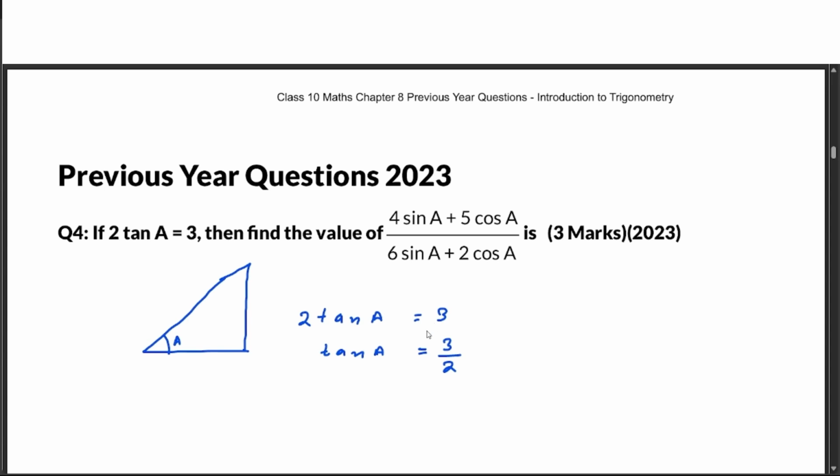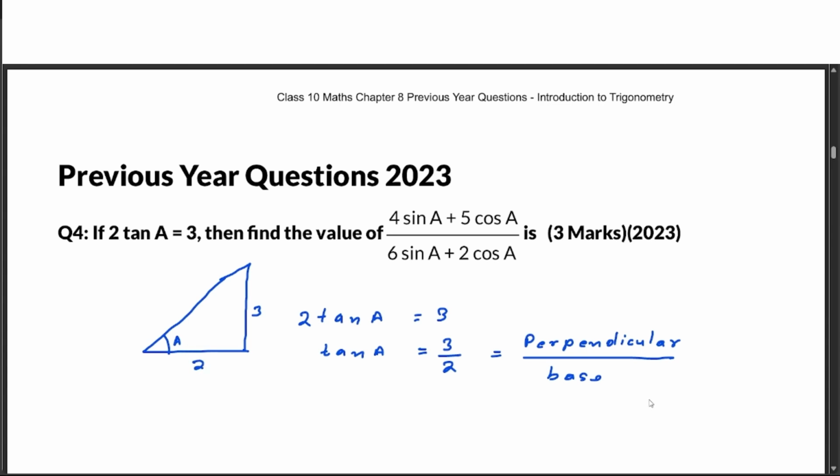And you know tan value means perpendicular over base. So we can say this side is equal to 3 and this side is equal to 2.